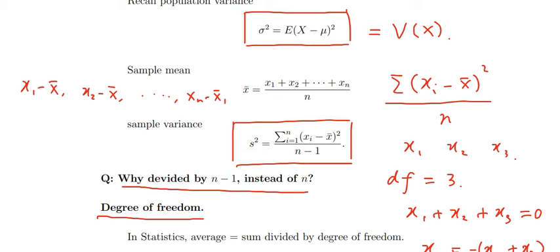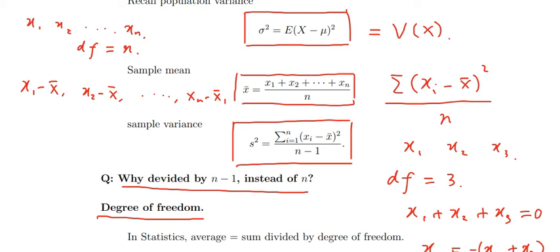It seems we have n numbers, but for the n numbers x1, x2, x3, up to xn, their degree of freedom is n, because each one can change freely. So we can understand that x bar, the average, is adding up and dividing by n. What is this n? This n is the degree of freedom for those numerator numbers, the x1, x2, xn.